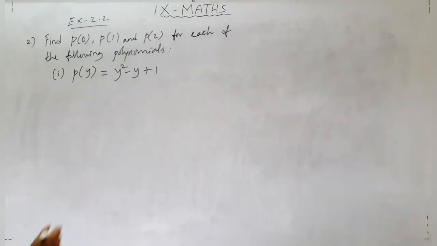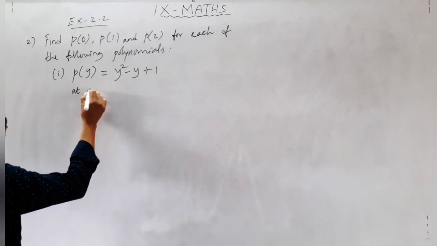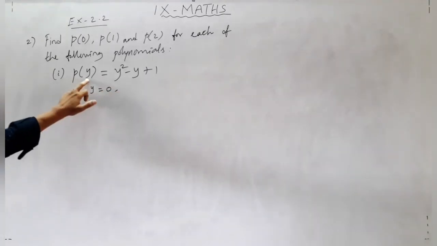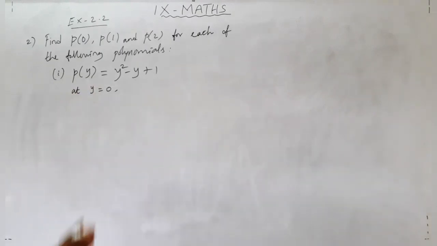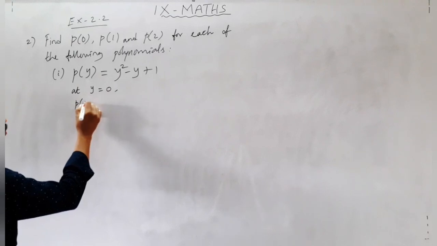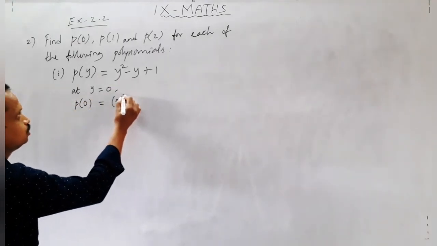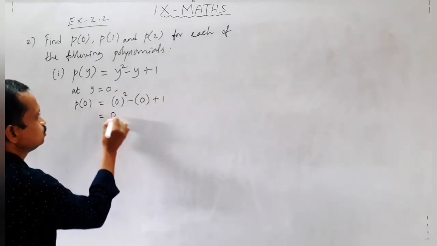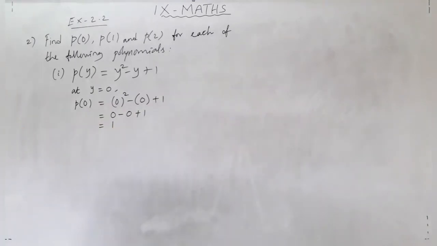Clear? So at y equal to 0, because the variable given here is y. So at y equal to 0, then p of 0 will come. P of 0 is equal to what happens? 0 whole square minus 0 plus 1. Then this is 0 minus 0 plus 1, and the final answer is 1. P of 0 is 1.